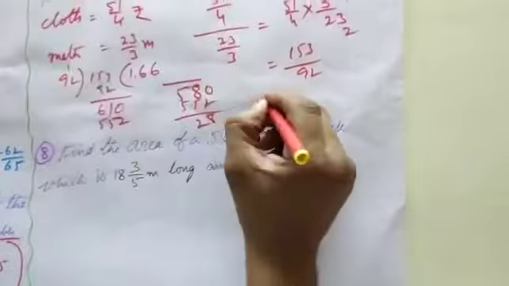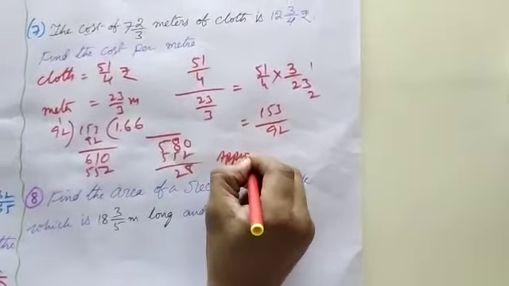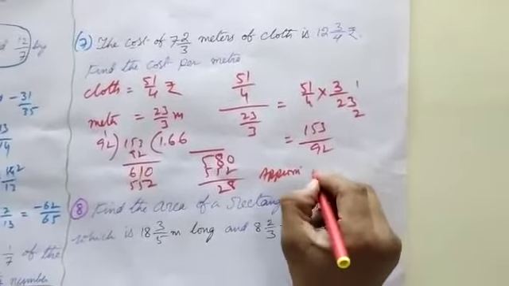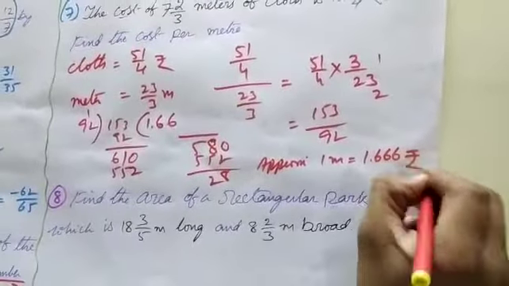Therefore per meter is approximately 1.666 rupees.